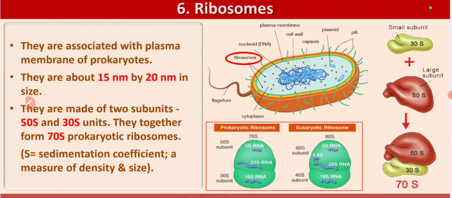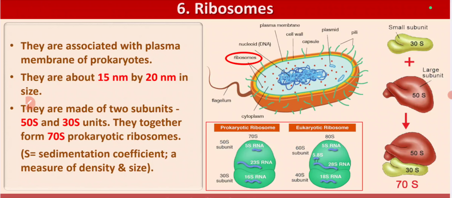In eukaryotes, the 60S subunit plus the 40S subunit makes 80S. Even in the 60S subunit there are three different parts: 5S RNA, 5.8S and 28S RNA, and the 40S subunit has 18S RNA.